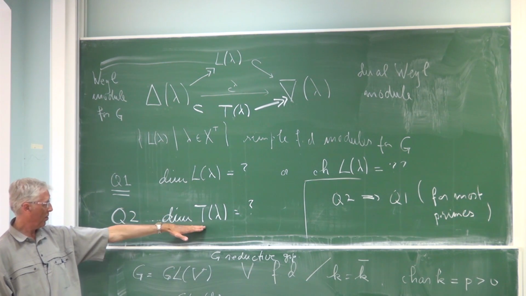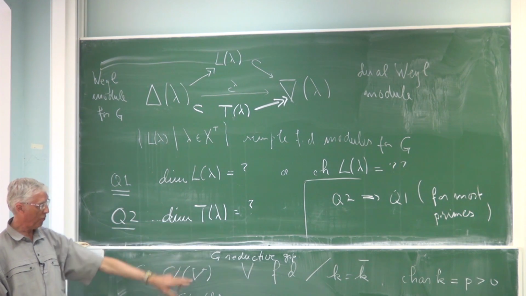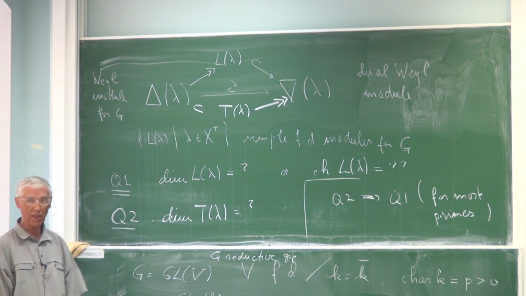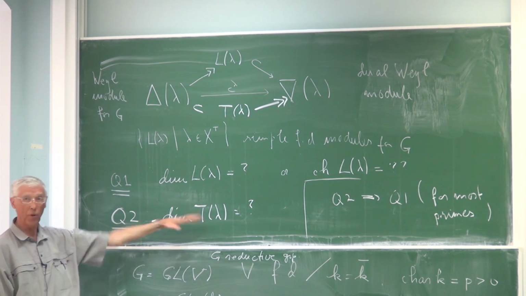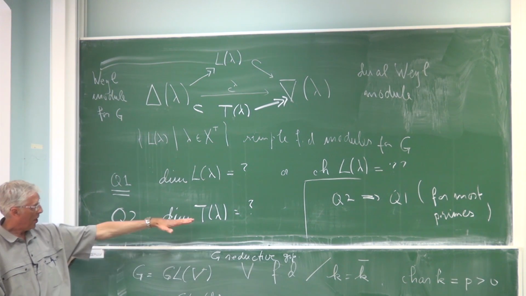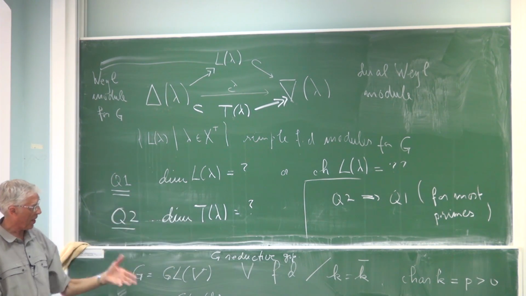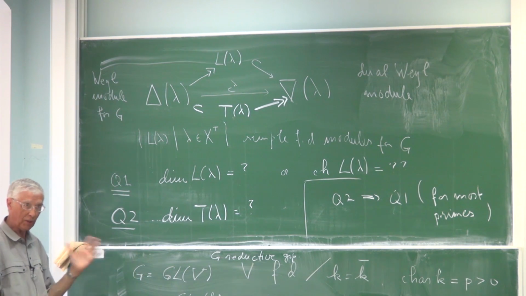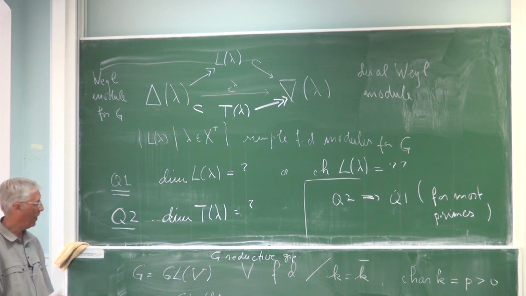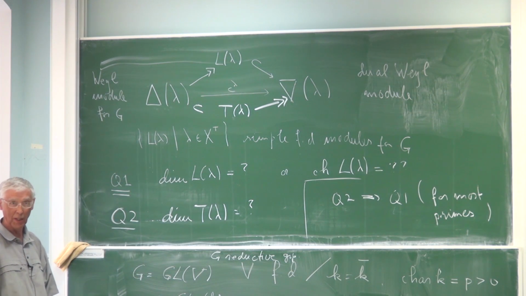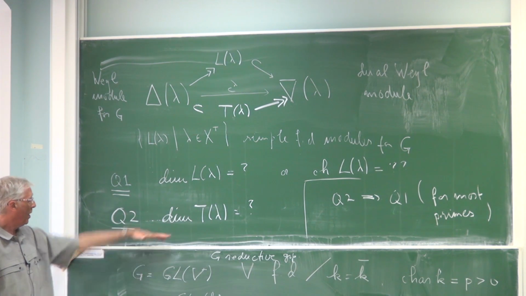The answer to this question is known when the dimension is 2, but for dimension 3, it's completely unknown. So this also illustrates, I mean, take GL3, a rather small group, I would say, and you would think you should be able to hammer out the answer to this question, but not so.